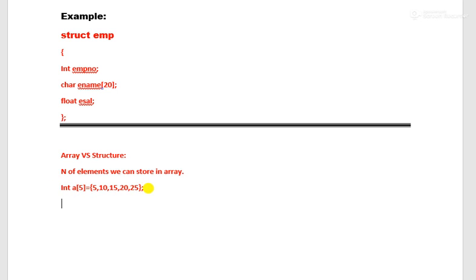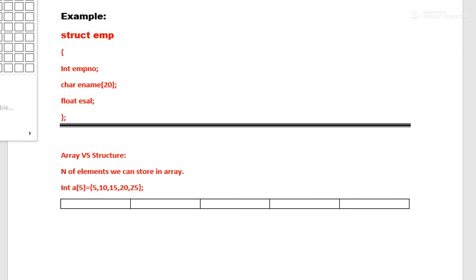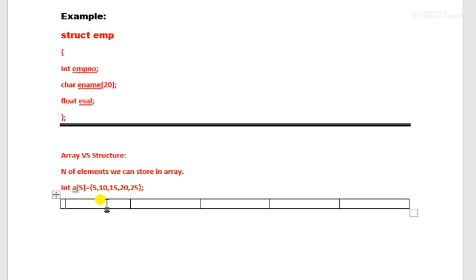So in memory it will look like this. The first element is called the a0 position, this is the a1 position, a2 position, a3 position, and a4 position.